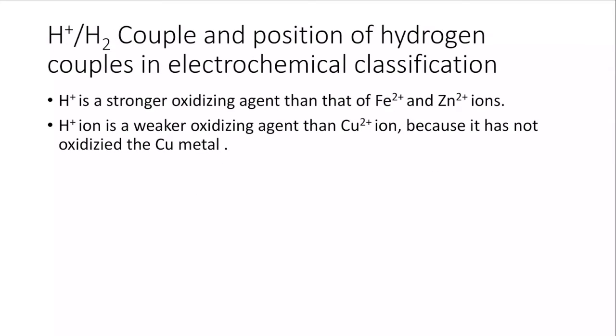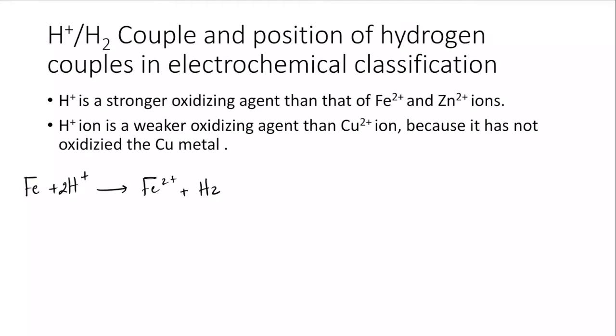Now we have to put the position of the hydrogen couple in the electrochemical axis. So if you still remember, the first reaction was Fe plus 2H plus gives us Fe2 plus and H2.